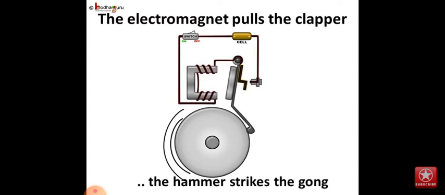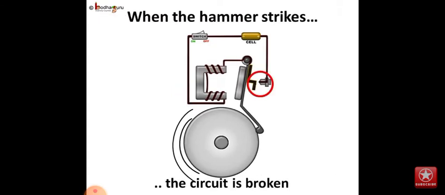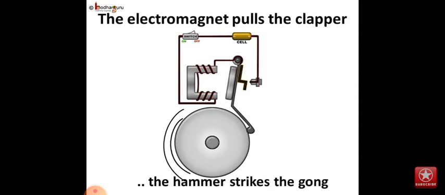If the current stops, then there is no magnetic field, and if the magnetic field is not there, then it is not getting attracted towards it. See, the connection is not there between them, means the circuit is broken, and the hammer strikes the gong.